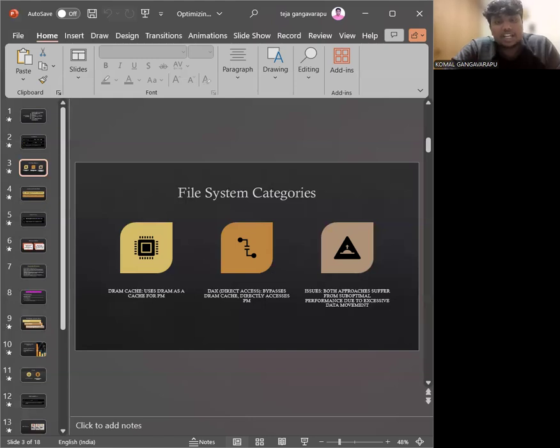Similarly, direct access must handle direct interaction with the persistent memory, which can result in inefficient data management and increased latency under certain conditions. And that's all for this slide.